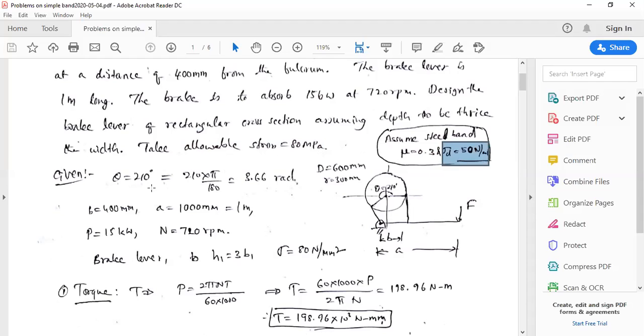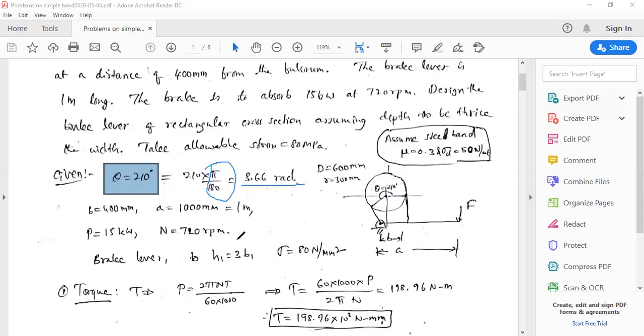Next, we have to note down the given data. Theta is 210 degrees, which is to be converted into radians by multiplying by pi by 180. The value we get is 3.66 radians.